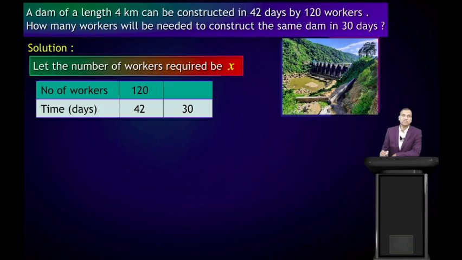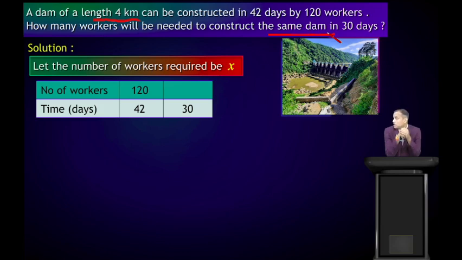Now again, which kind of proportion is this? Students, look here. It is given a dam of length 4 km. To check whether it is direct or indirect proportion: for indirect proportion, the amount of work, here the length of the dam, should be the same. It is written here that the workers are constructing the same dam, so the length of the dam is always constant.